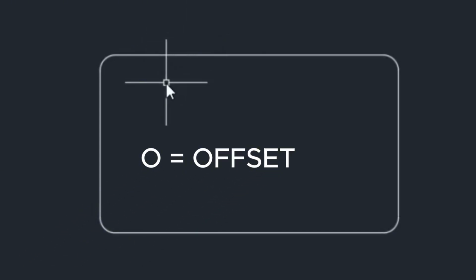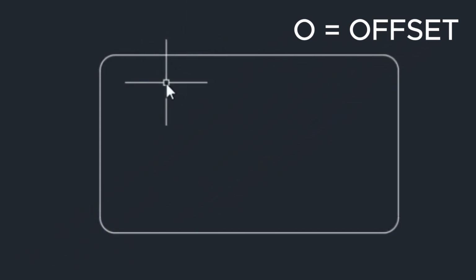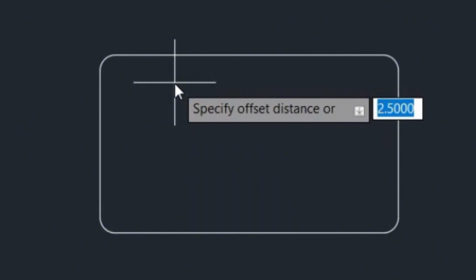The next thing we're going to consider is doing an offset. Offset is making an extra one inside or outside, depending on where we want it. We want inside. So we do an offset. O is for offset. Then we put a distance between them.